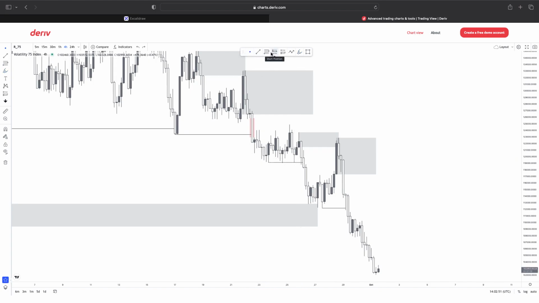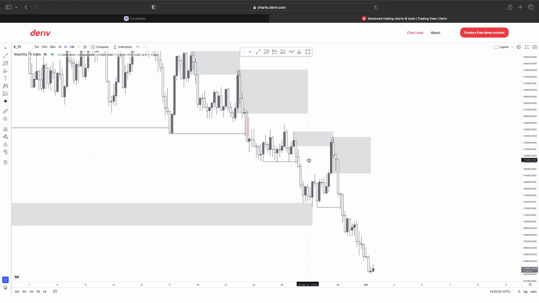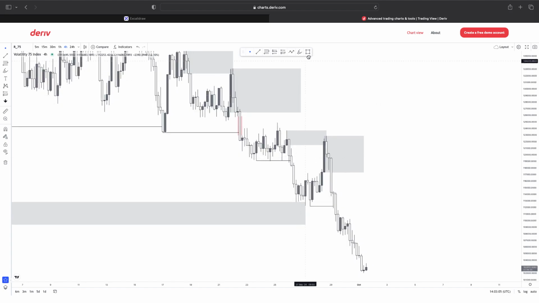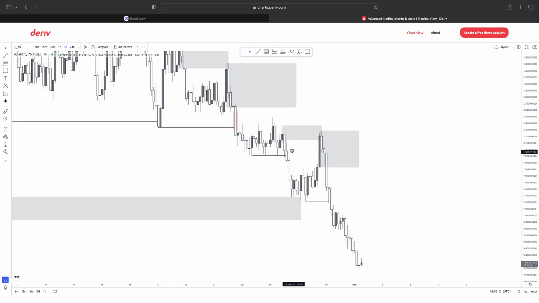Now, for an added confluence, we can ask ourselves, is that order block resting above the 50% level? Yes, it is resting above the 50% level. The third confluence would be, does that particular order block have some bit of an imbalance? We do have some imbalance around this area here. As you can see, the first candle here and the third candle are not touching.